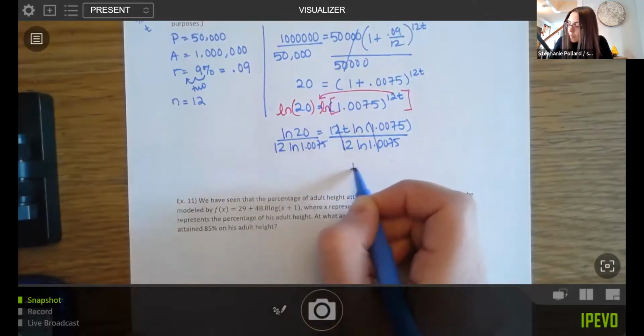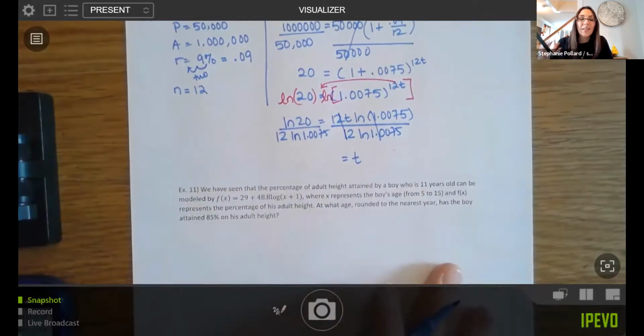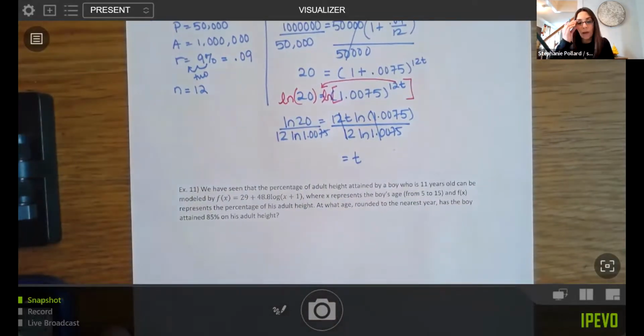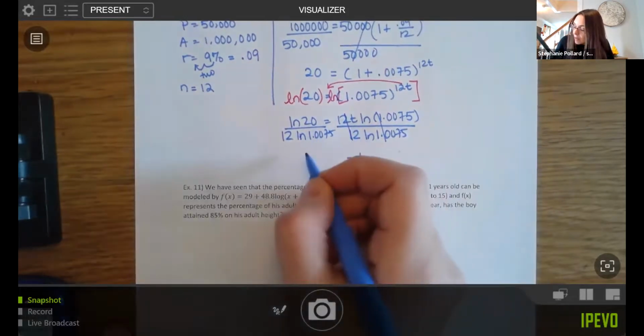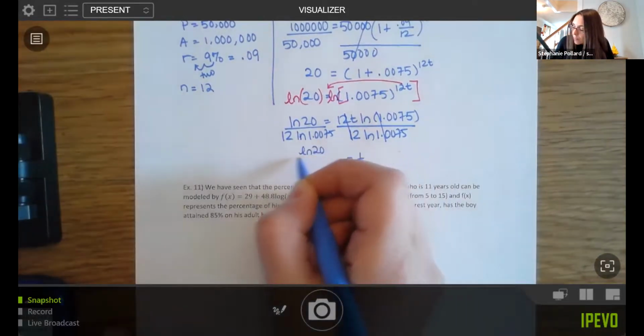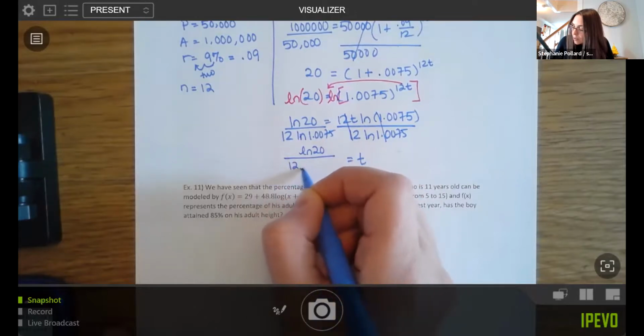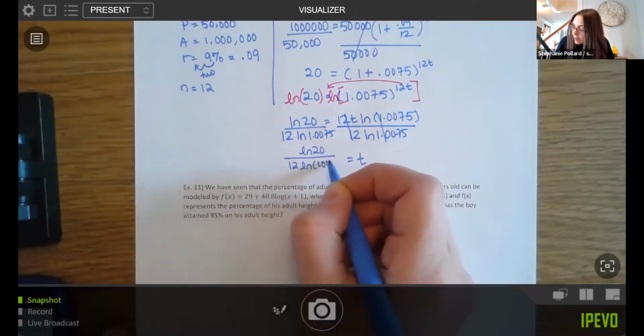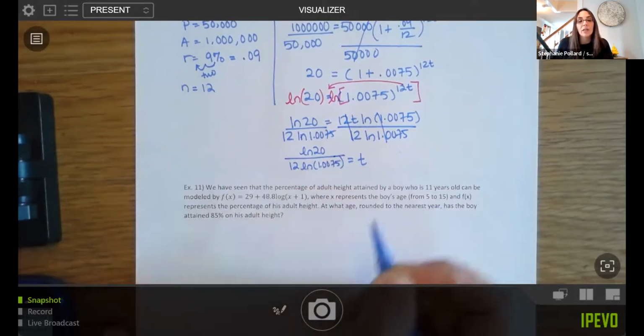You want to remember that when we take the natural log of a number, it's just a number. It's messy, so it looks kind of weird, but there's really nothing wrong with it. So you have the natural log of 20 over 12 times the natural log of 1.0075 as your exact answer.